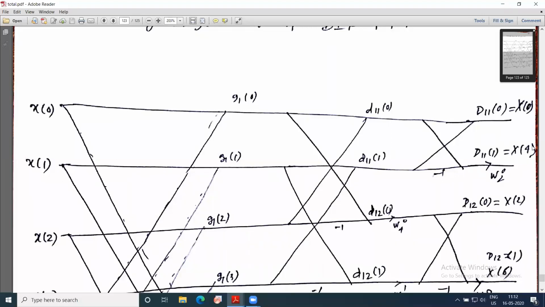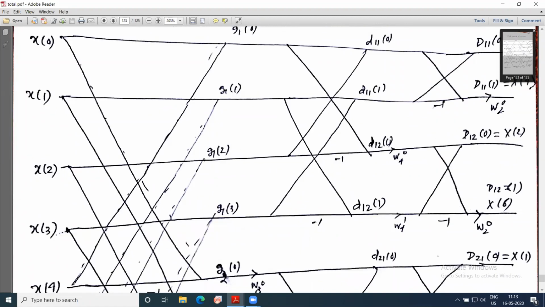These are the two differences. Agreed? Yes. So this completes the butterfly diagram of DIF-FFT. And once I have computed the butterfly diagram, I should be in a position to solve problems using this butterfly diagram. All right.